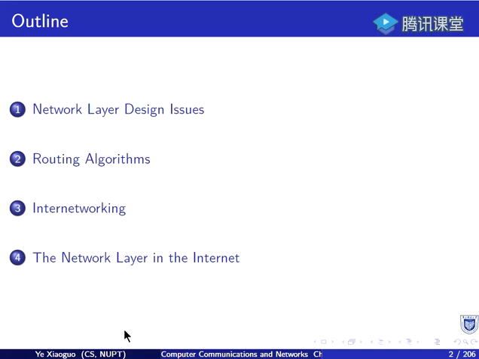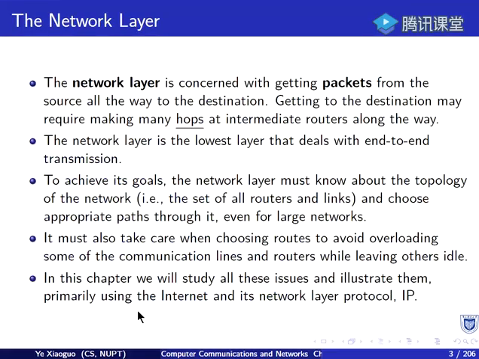We will focus on 3 main questions: packet format, address, and routing. The network layer is concerned with getting packets from the source all the way to the destination. Getting to the destination may require making many hops at intermediate routers along the way.